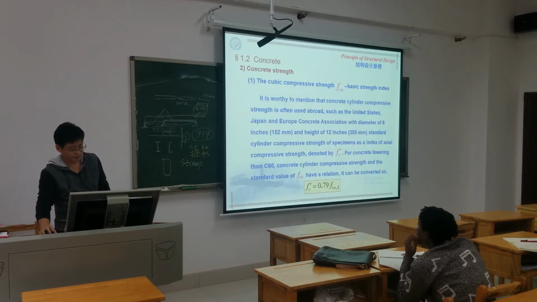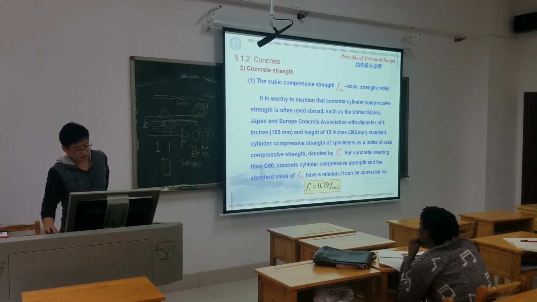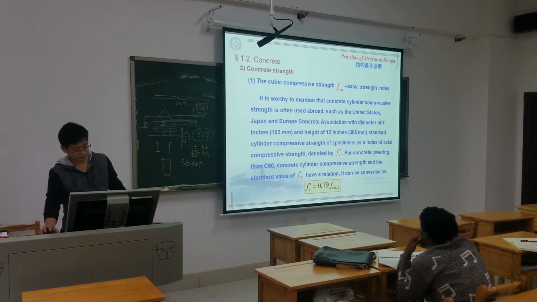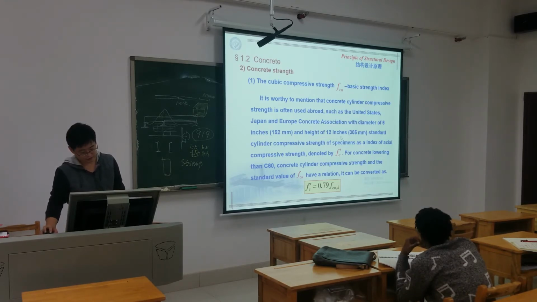But for the cylinder compressive strength, it's used in the United States, Japan, or Europe, with a diameter of 6 inches. So the specimen is actually a column, with a height of 12 inches. So that's a different specimen.